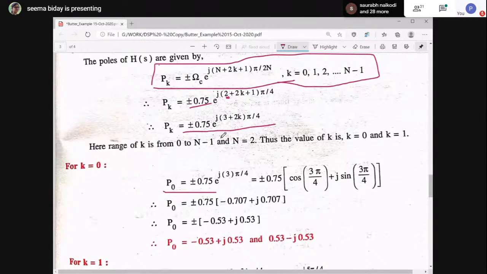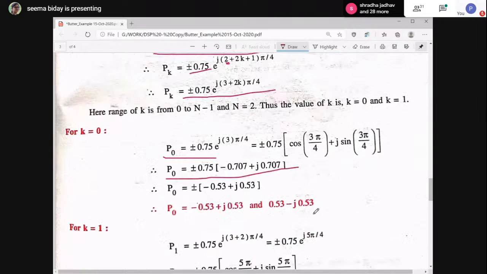So it is e to the power j 3 pi by 4, which is cos 3 pi by 4 plus j sin 3 pi by 4. And you can compute this like this.